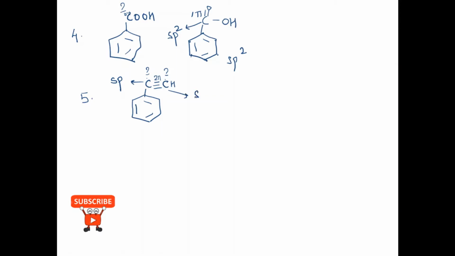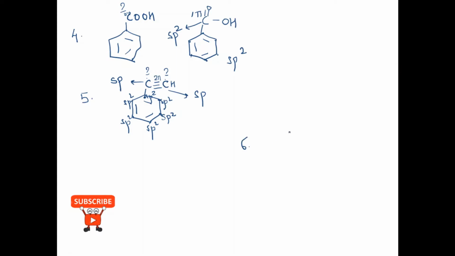Similarly, for this carbon atom, sp3 minus 2, sp. Whereas all other carbon atoms which are here, they are sp2 hybridized. Because sp3 minus 1 pi bond, so they are sp2 hybridized. Whereas the carbons on the top, which are attached to the benzene ring, are sp hybridized because of the presence of the triple bond. I hope you have understood how the formation takes place.